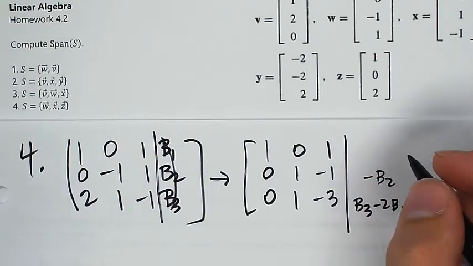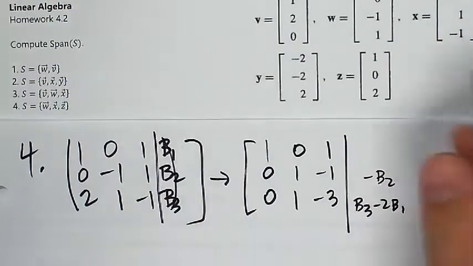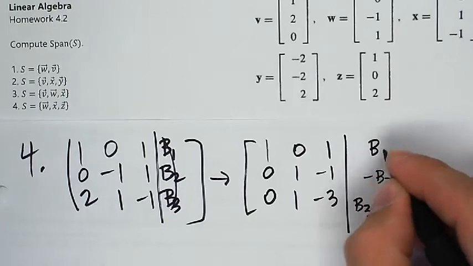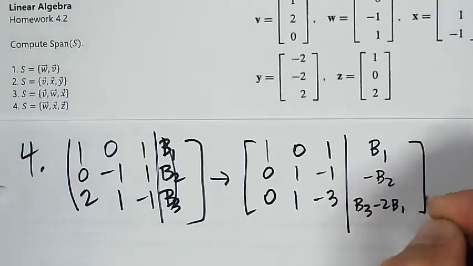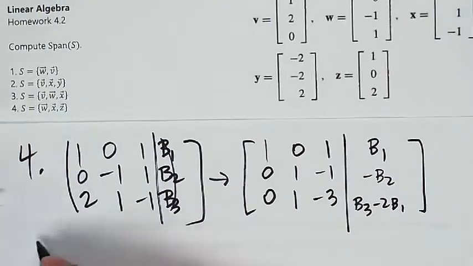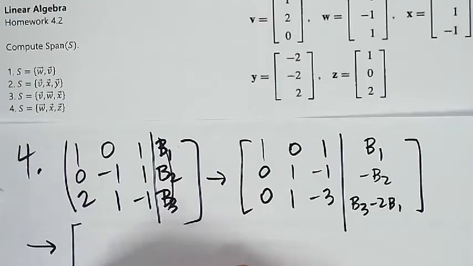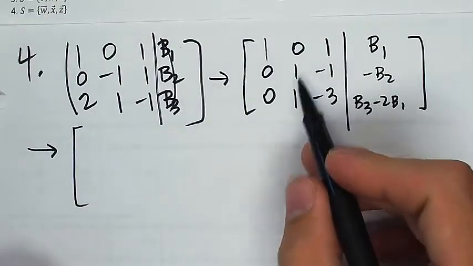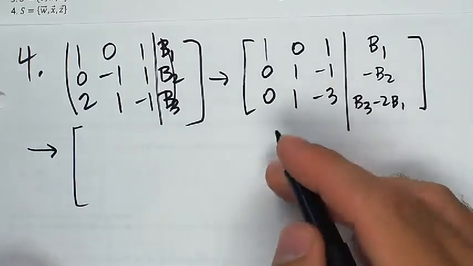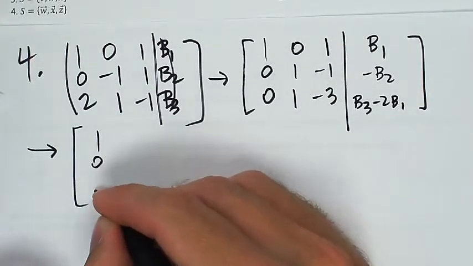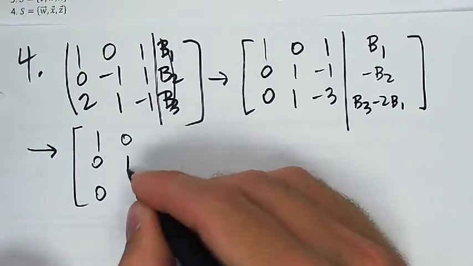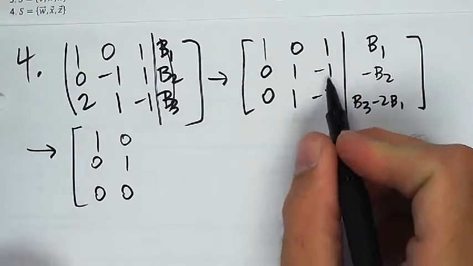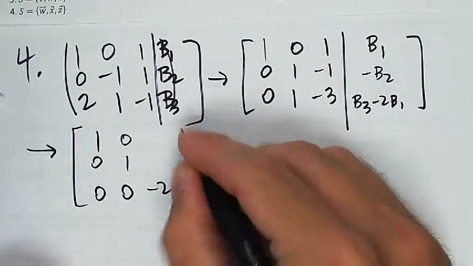Did I not already do this one? v, w, x, w, x, okay. Evidently not. So then this is still b1. Now I'm going to subtract row 3 minus row 2. Negative 3 minus negative 1 would be negative 2.